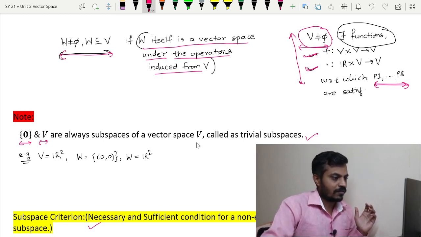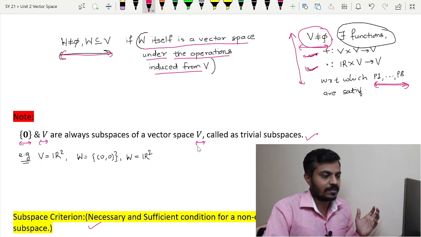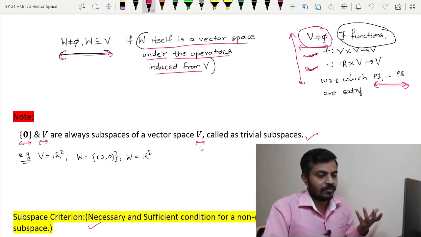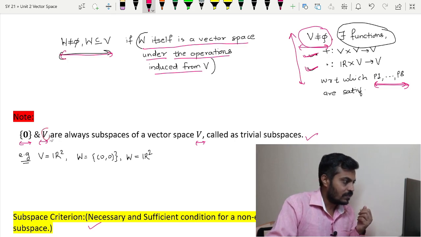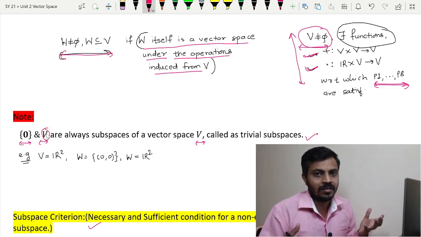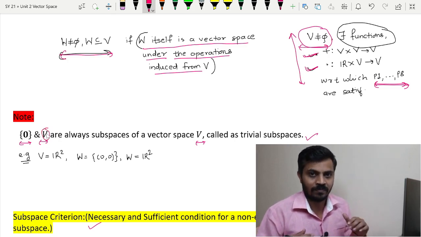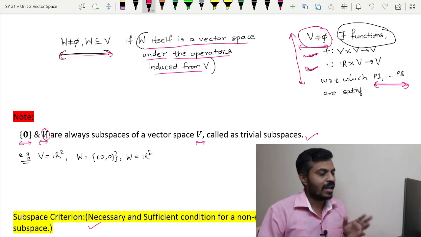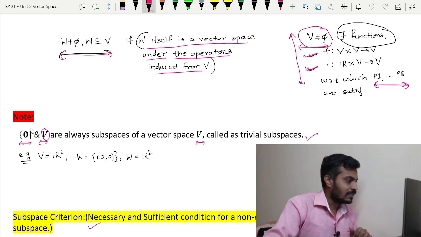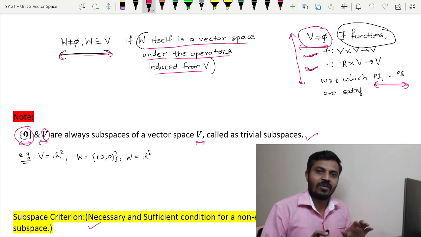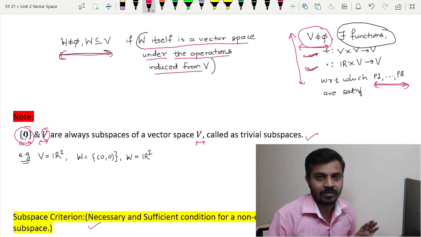Since we have a certain vector space V, and V is a subset of V, that is always true, thus V is always going to be a subspace of V. And the second important thing is the singleton 0. That is always going to be a subspace of V.